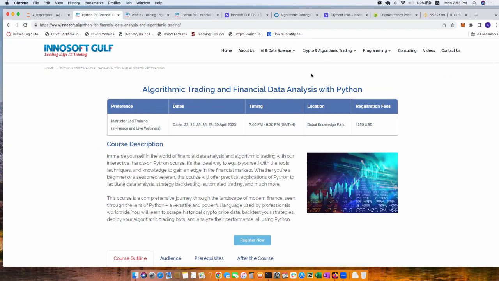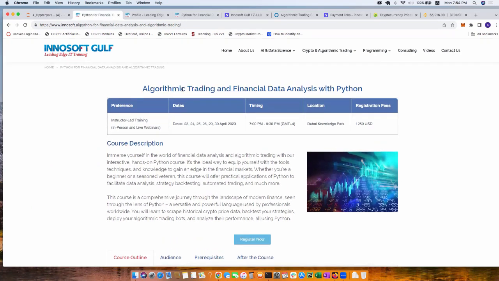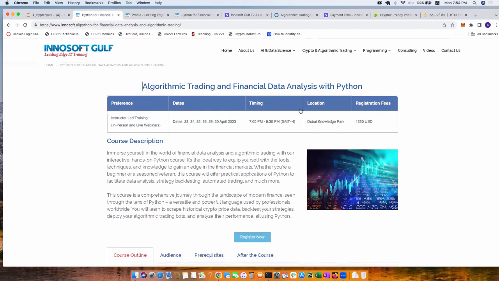I want to share with you a couple of programs that have been extremely successful for us. If you already know Python or some programming, we have a course called Algorithmic Trading and Financial Data Analysis with Python. It's accredited by the Dubai government.